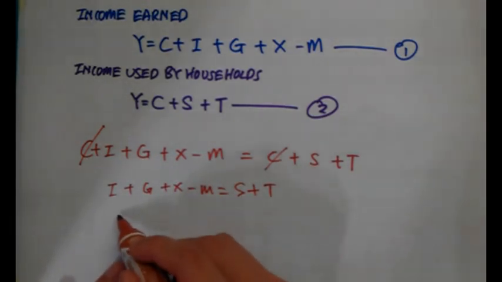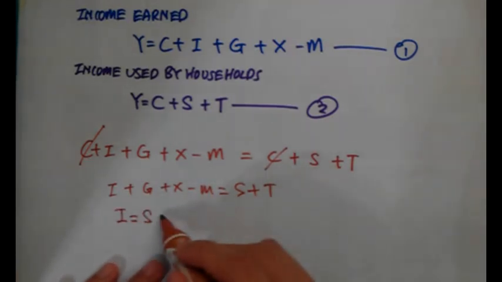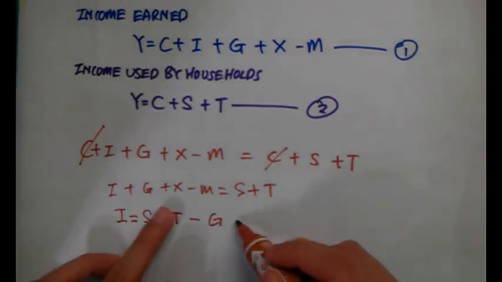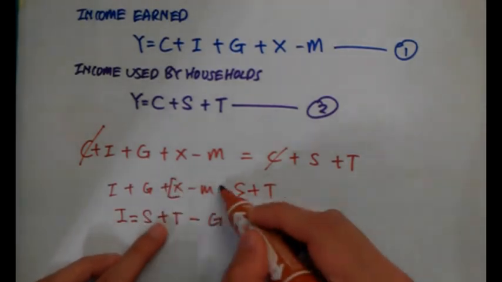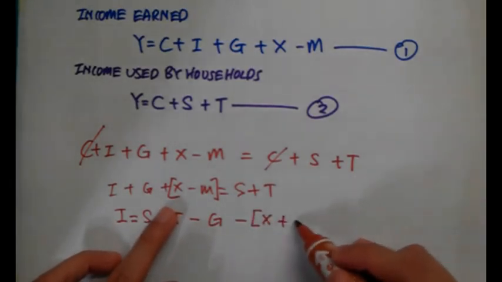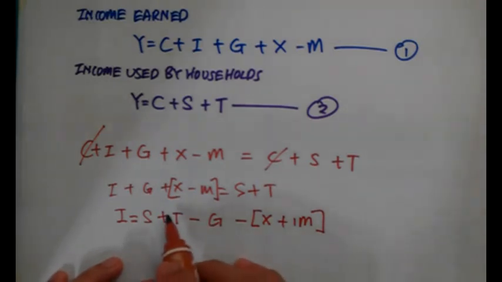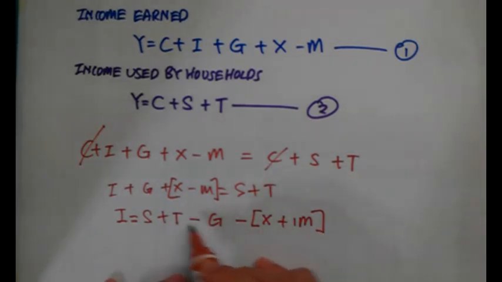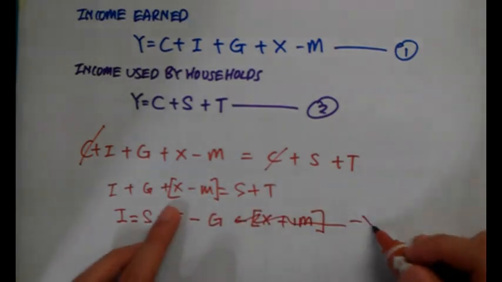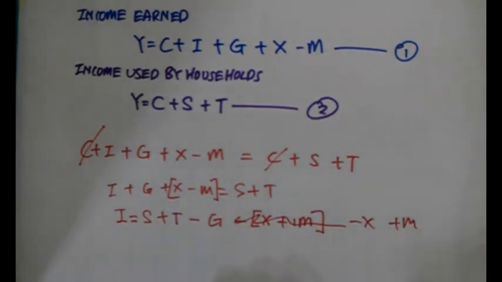I'm going to isolate I to this side, so I get I equals S, savings, plus taxes, minus government spending, minus, I'm going to lump this together, X plus M. Oh, wait, just give me a second. Sorry. Okay, so minus X plus M. Yeah, this is the equation, correct.